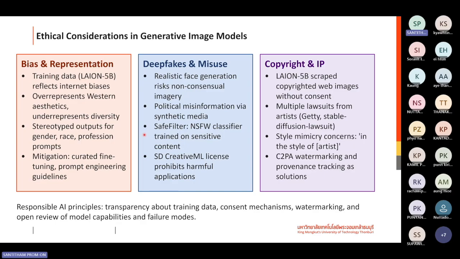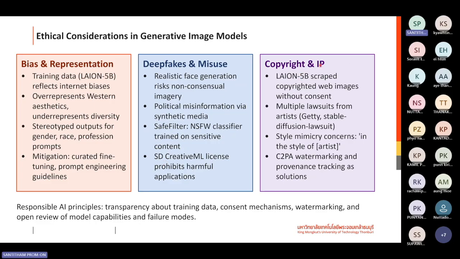And actually, if you look at a lot of AI providers, they put in a safety filter to filter the output so that it would not be NSFW, for some. Also the Stable Diffusion Creative ML license prohibits harmful applications. So be careful. You may get sued if you use it in a bad way.